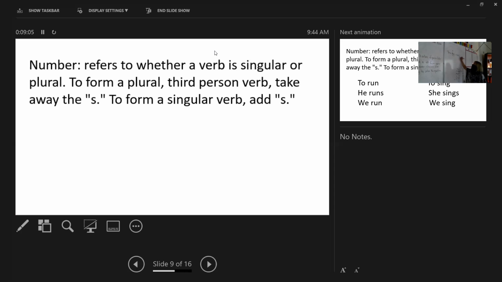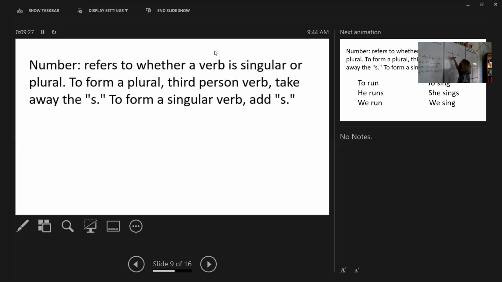So here is the rule. To make a verb singular, you add S, which is the opposite of what you do with nouns. To make a noun plural, you add S. But to make a verb singular, you add S. Everybody following me? All right, so runs, this is singular.